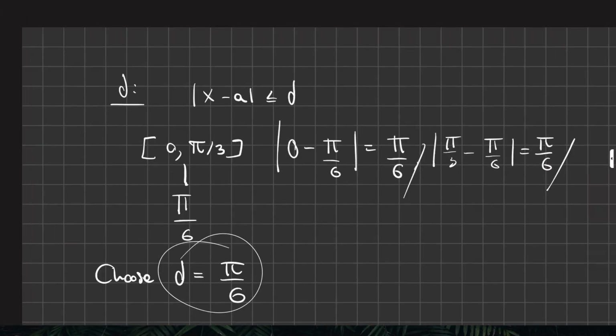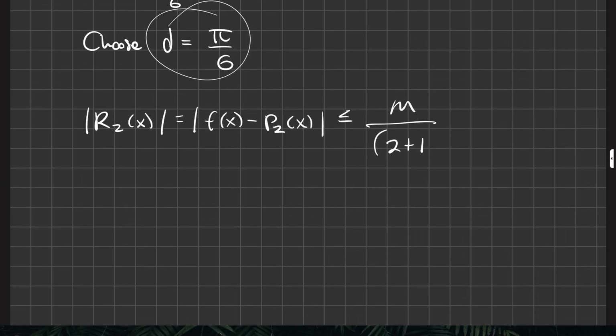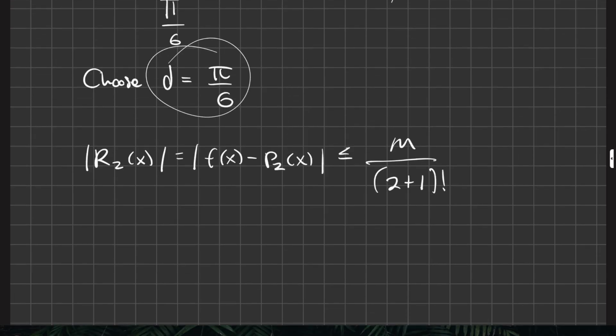We have n plus 1, n is 2, so I'm just going to write it as 2 plus 1 factorial times the absolute value of x minus a to the n plus 1, n is 2 again, so I'm going to write this as 2 plus 1. So this just comes out to 1 over 3 factorial times x minus a cubed, right? Where this 1 is equal to m, and then 2 plus 1 is just 3 factorial.